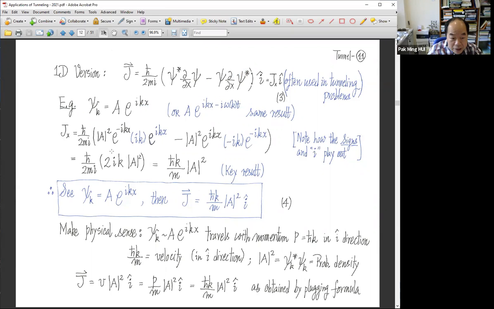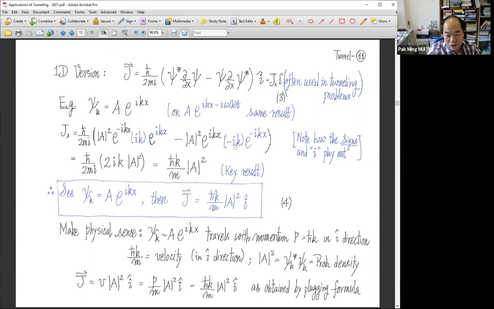Then you will see the first term, the second term. For each derivative, you will bring out ik, okay? So I have this ik, but this star helps, okay? So I have minus ik when I take the complex conjugate.